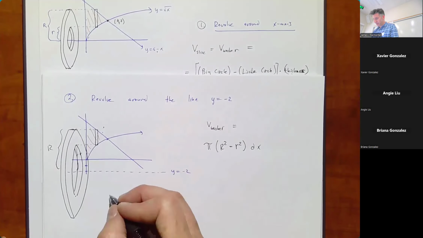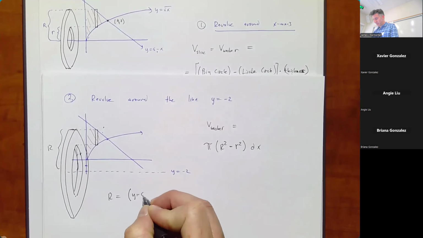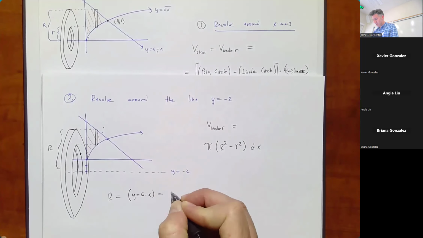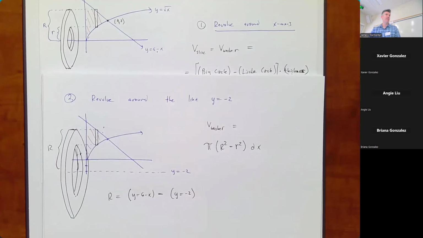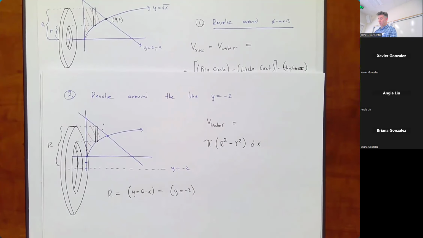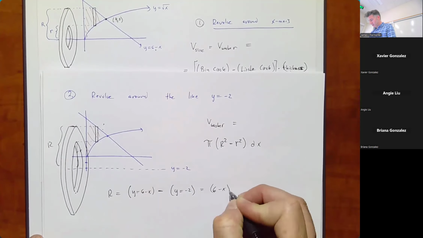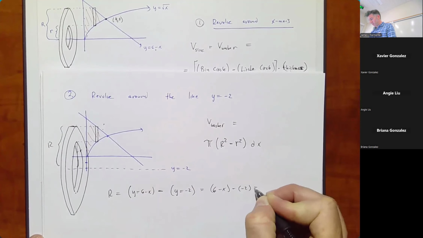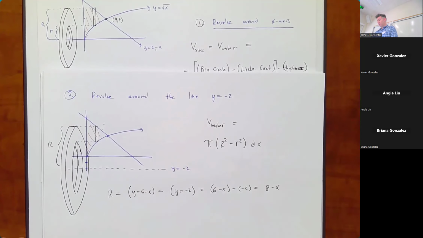So my big radius here is going to be the difference between y equals 6 minus x and y equals -2. I don't really want the y equals parts there, but I want to point out that we're subtracting the same kind of thing. We're subtracting something that y is equal to minus something that y is equal to. So we're going to end up getting 6 minus x minus -2, which is going to end up being 8 minus x.